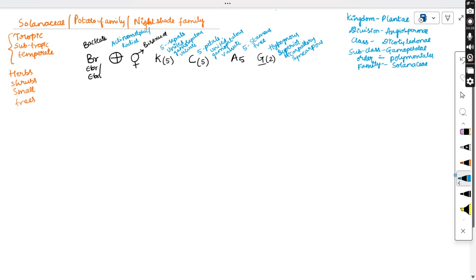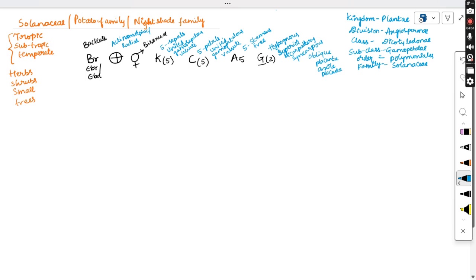And there is a speciality in this: it shows the oblique type of placenta. The placenta is slightly tilted at a 45 degree angle. So oblique placenta with axile placentation. All the ovules are attached on the central axis.